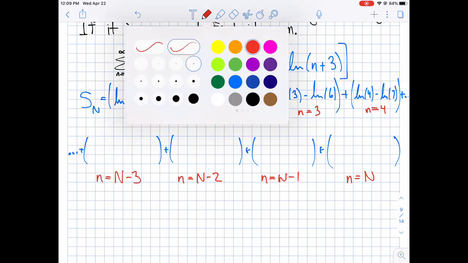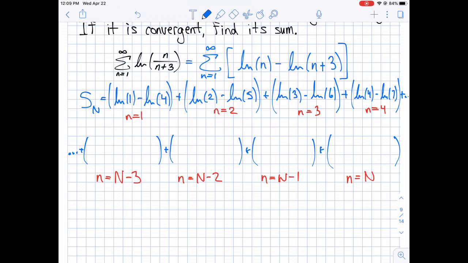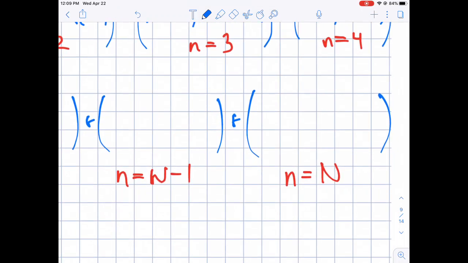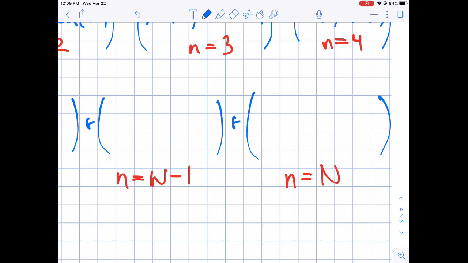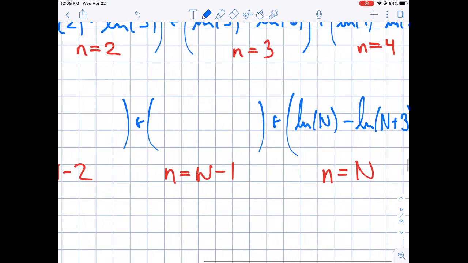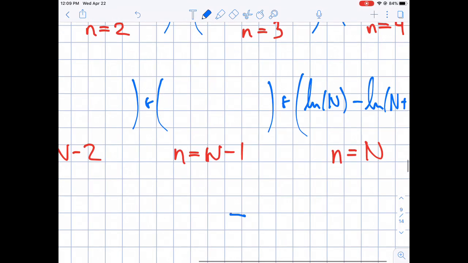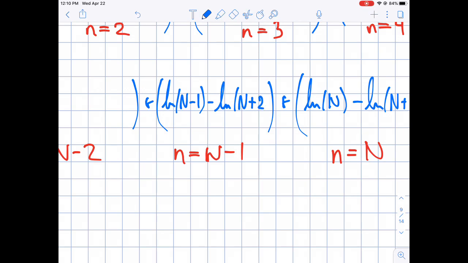So now let's take a look actually at what these terms are. The very last one, when our counter reaches capital N, we're going to have ln of capital N minus ln of capital N plus 3. Okay, that's going to be our very last term. The second last term will be ln of capital N minus 1 minus ln of capital N plus 2.